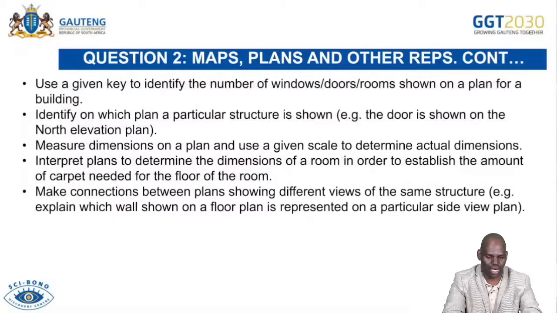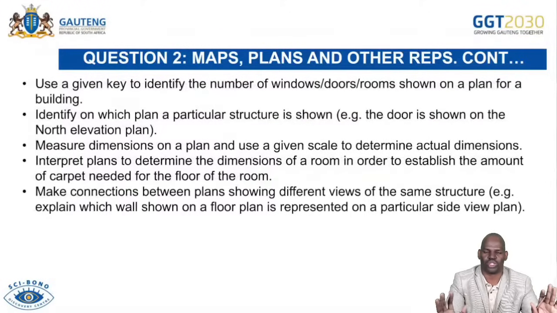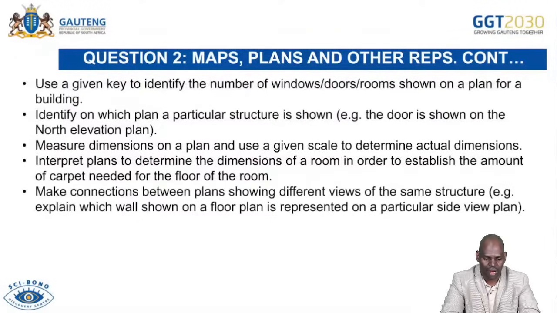You see how easy that is. Identify on which plan a particular structure is shown, e.g., the door is shown on the north elevation plan. So you must know the north elevation, the south elevation, the east elevation, and the west elevation. And you must also be able to use the side views against the plan, that will be the floor plan that will be indicated there.